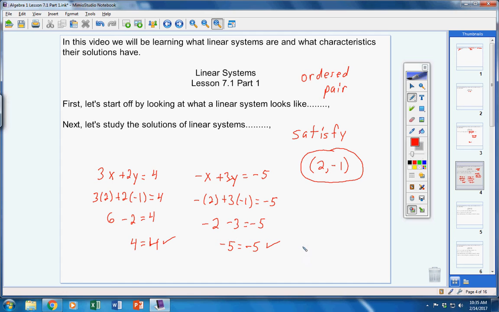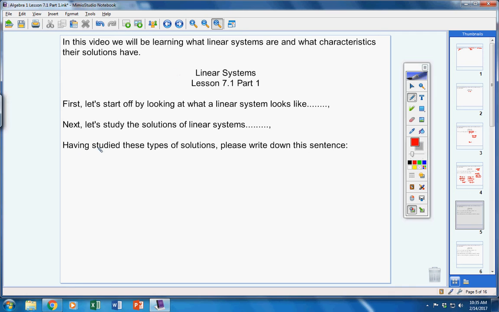Do you understand? Okay? So, what I want you to learn today that's so important is that when you have a true solution, the real answer to a linear system, it'll satisfy all the equations. Always.